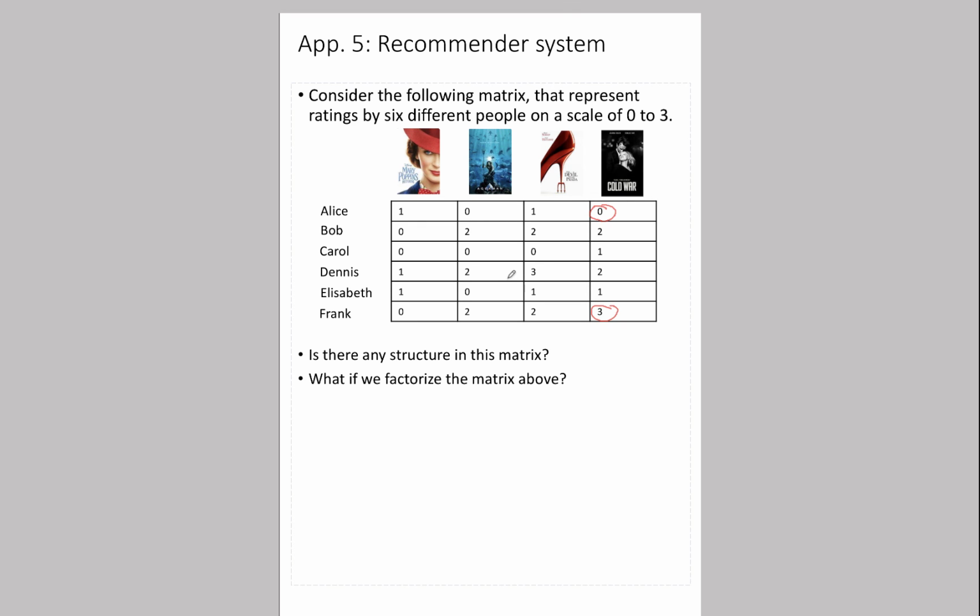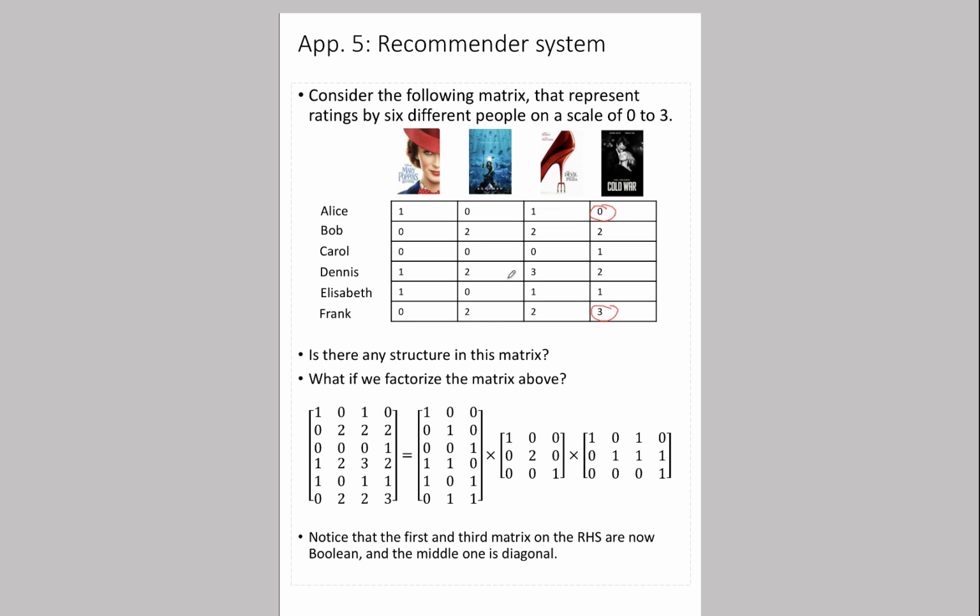Looking at the matrix, it's hard to see any particular structure. However, factoring the matrix into a product of 3 matrices, it is easy to notice that the first and the third matrices on the right hand side are now Boolean, and the middle one is diagonal.